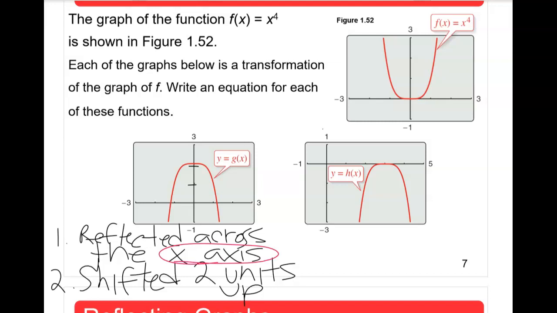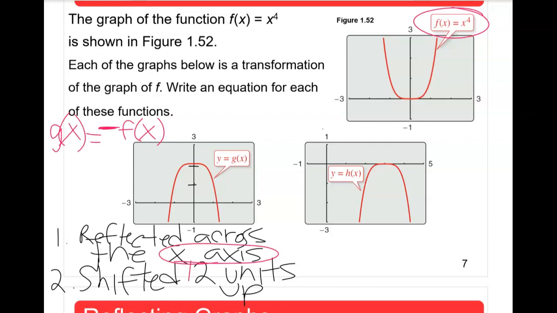In other words, we will have a negative outside and then f of x from the parent function. Remember, this is a parent function, so if we put a negative in front of it, that's what causes all the points to be reflected across the x-axis. Well, that would be one thing, and this is the equation for g of x.